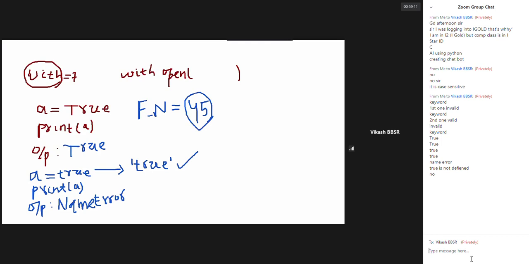You got the concept of name error and value error. Whenever you have not assigned the correct value, an error comes. In the evening class we will discuss which type of error will come. Intentionally make the mistake and check what output is coming. So identifiers are completed and keywords are completed.